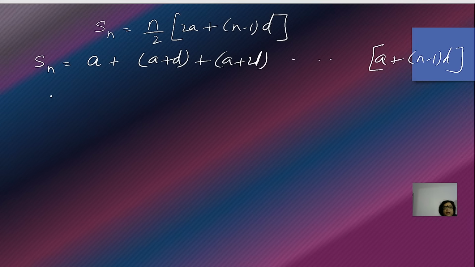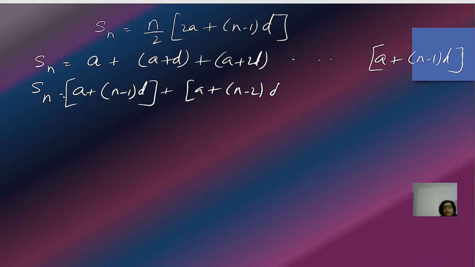Now, the same sequence can be written in the reversed order as the first term a plus n minus 1 into d, the second term as a plus n minus 2 into d, and the last term as a over here.